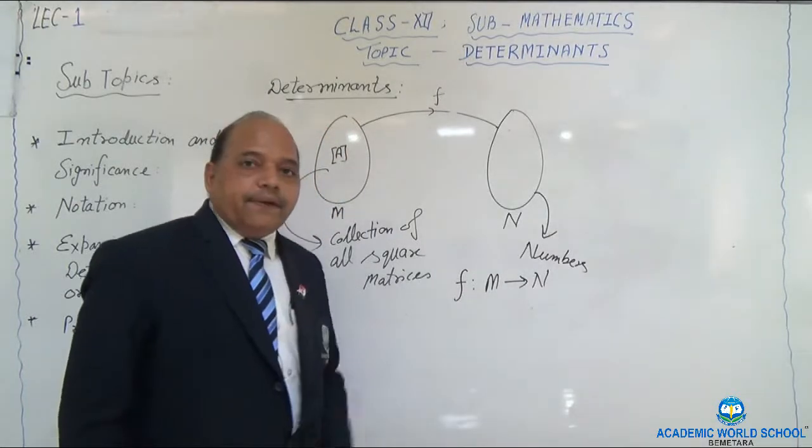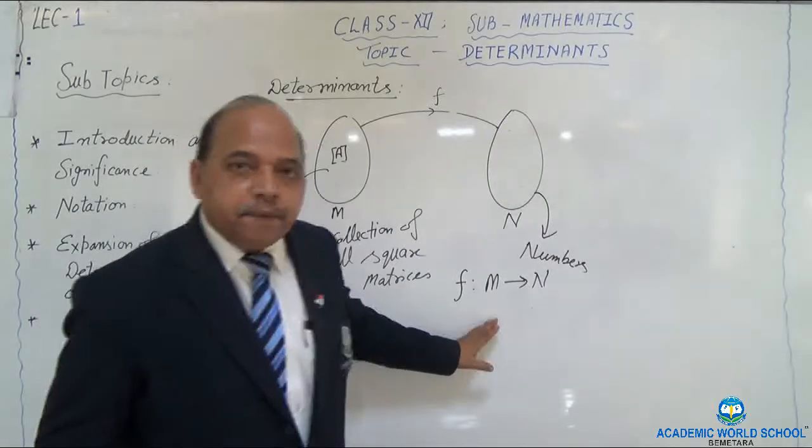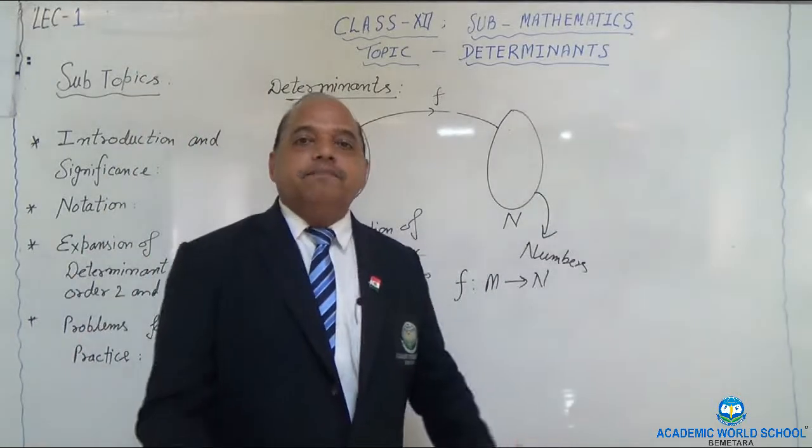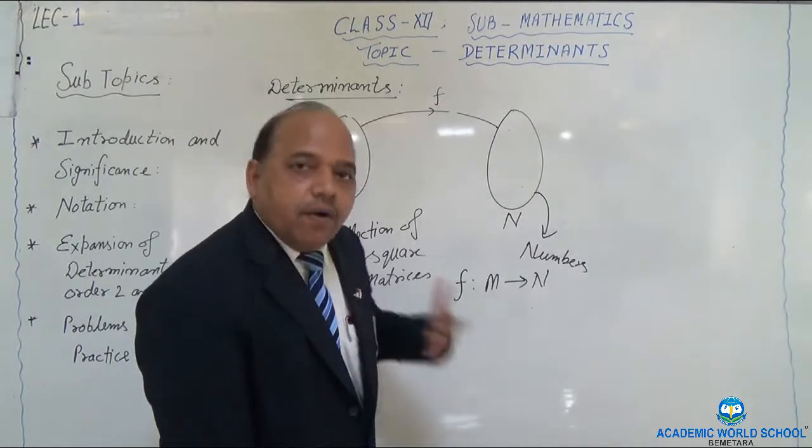Now, how can we define it? It's not possible, because matrices are not simply numbers, they are arrangements of numbers. Just hold for a minute. We have defined this, but how is it defined?